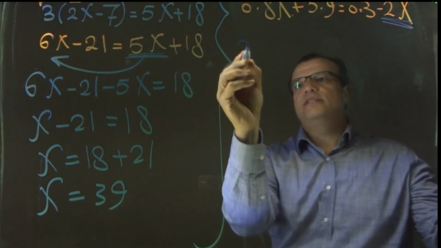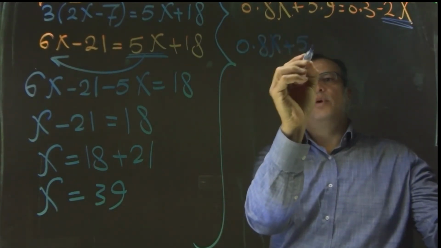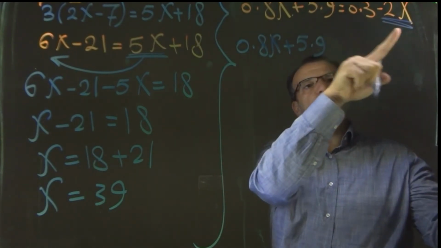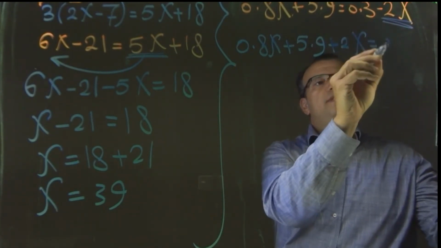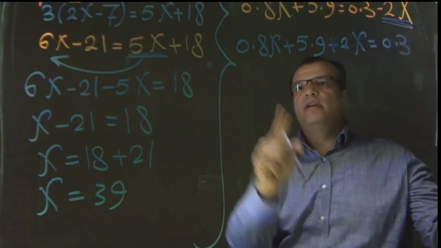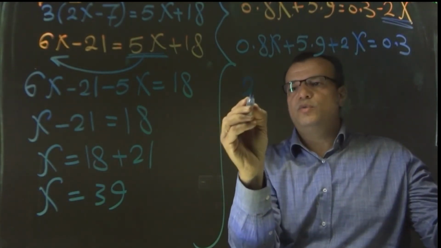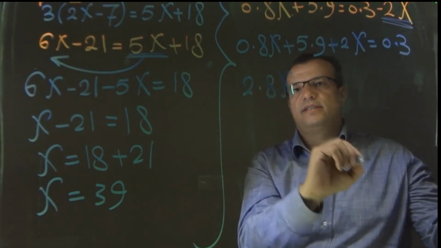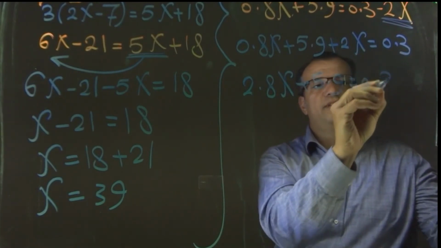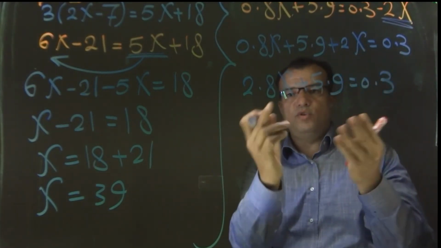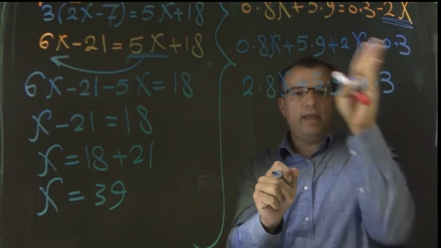It will be 0.8x + 5.9 and negative 2x moves to the other side as plus 2x = 0.3. 0.8x and 2x give 2.8x + 5.9 = 0.3.